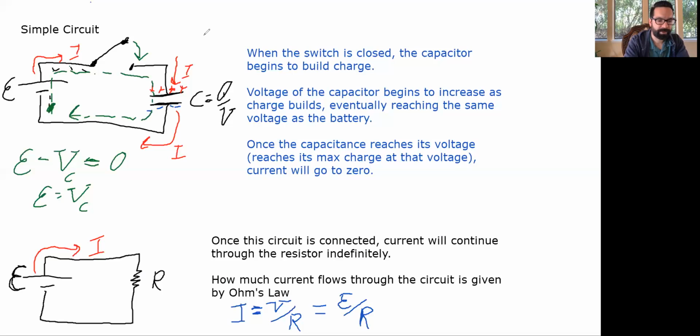It's just going to have a circle around it, and it's going to be kind of curled. Essentially the light bulb acts as a resistor, so there's not that much difference between a light bulb and a resistor. In reality, though, that light bulb heats up, and then the resistance is going to change as a function of temperature. Okay, so those are my two simple circuits that we start out with.